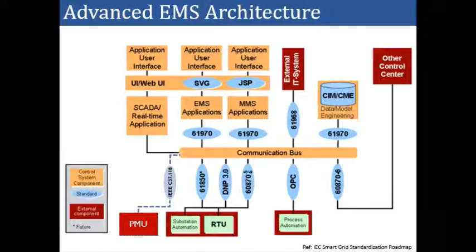Then we discussed the smart grid functional layer, and we saw the advanced EMS architecture, which is part of the smart grid functional layer, and how the data travels from the field via the communication network to the functional applications. We saw how functional applications absorb the data, process it, and share this information with the business layer.